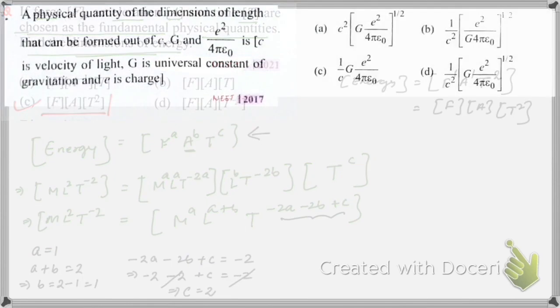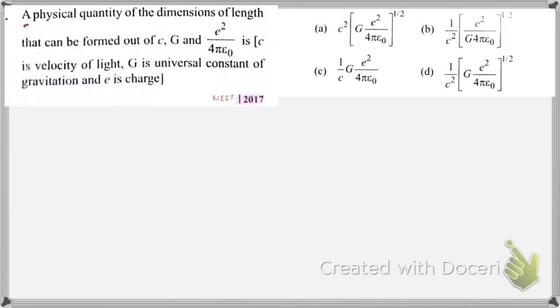Now here it is given that a physical quantity has the dimensions of length. That means there is a physical quantity, let that quantity be Q, and its dimensional formula is that of length, and it can be formed out of these three: c, capital G, and e square by 4 epsilon naught.